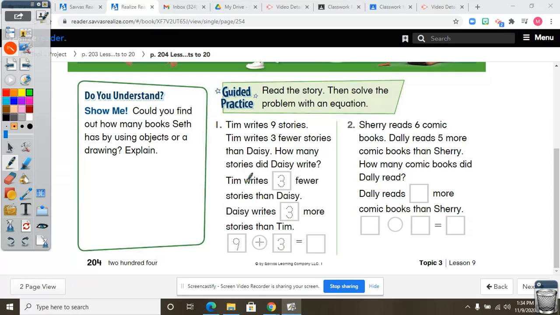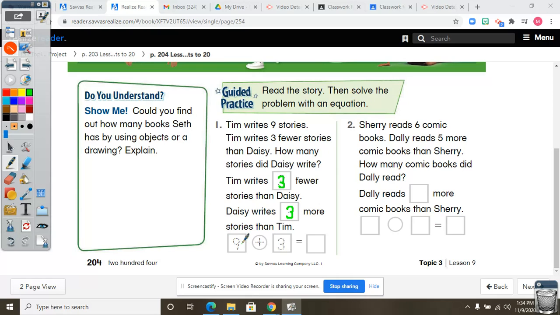Well, it says Tim writes 3 fewer, so trace 3. 3 fewer stories than Daisy. Daisy writes 3 more stories than Tim.